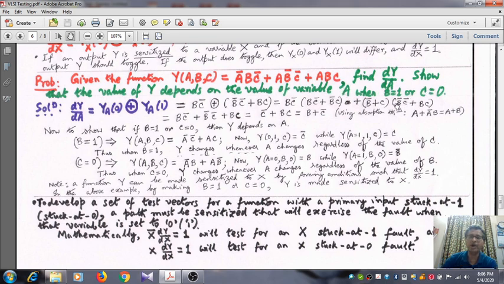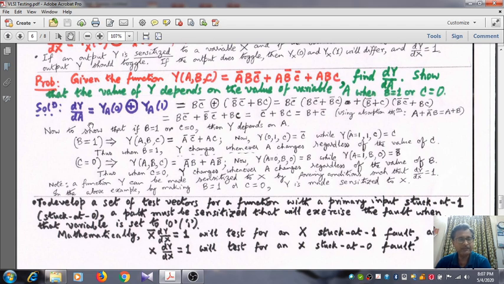So b equal to 1 or c equal to 0, these are the conditions that must hold so that y becomes sensitized to the value of the variable a. That means with toggling of a, y should also toggle. That means with a taking up differing values, y should also do the same thing. Clear? Let us see.